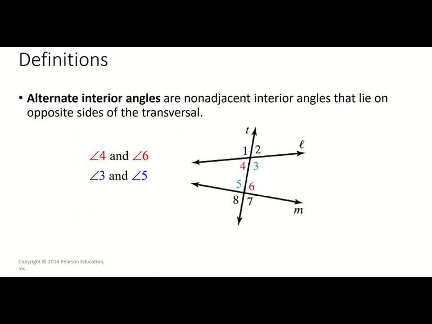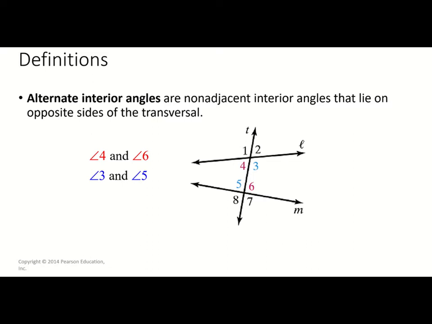All right, so here we're going to be talking about different angle relationships based on two lines cut by a transversal. The first angle relationship we're going to talk about is alternate interior angles. Alternate interior angles are non-adjacent interior angles that lie on opposite sides of the transversal.